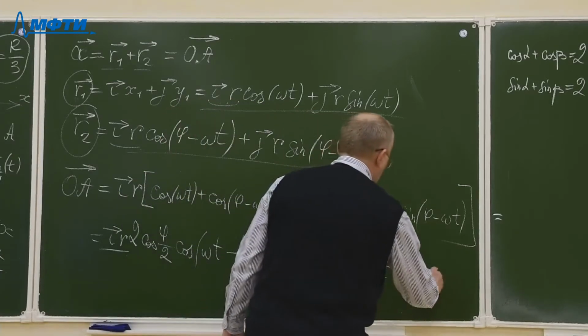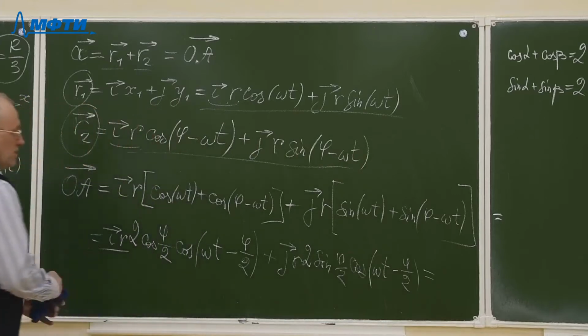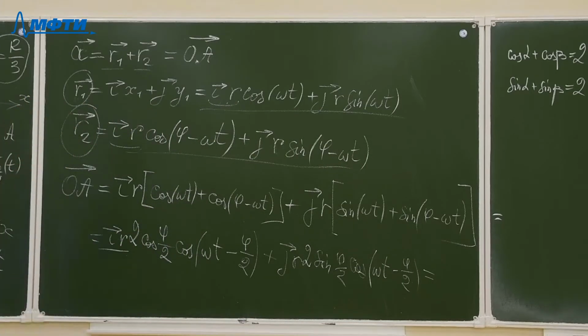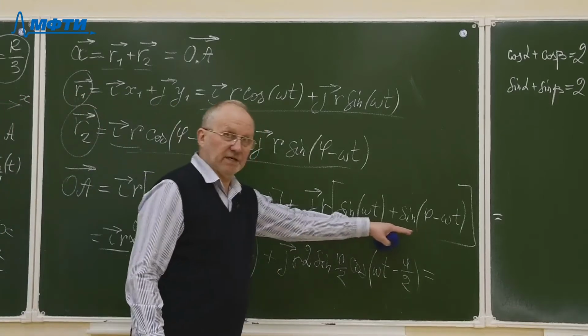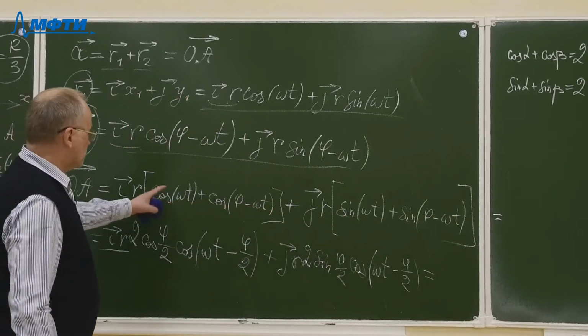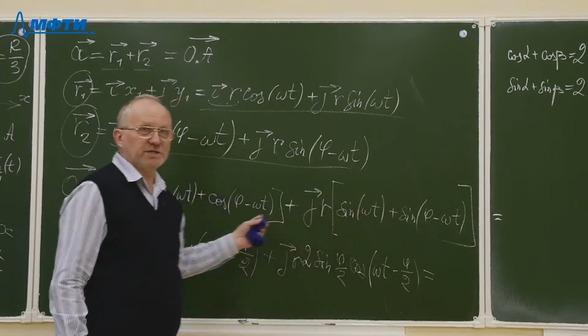That is, we have to use trigonometric formulas in order to transform this expression, which is not easy to understand. It's not easy to imagine what type of trajectory that is.